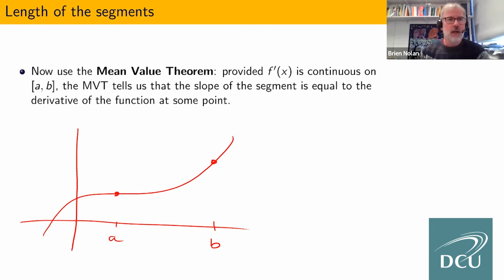Don't need that. The mean value theorem tells us that if we look at the straight line between two points on the graph, and we ask what's the slope of that line, it turns out that this line has the same slope as the slope of the tangent to the curve somewhere on the graph.